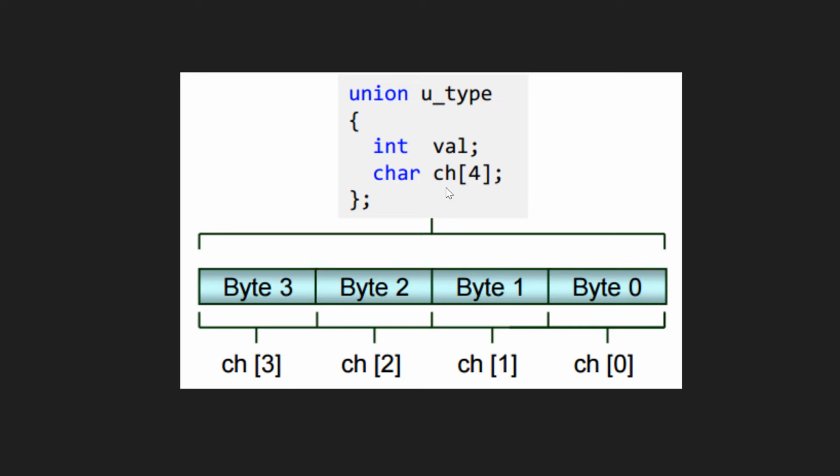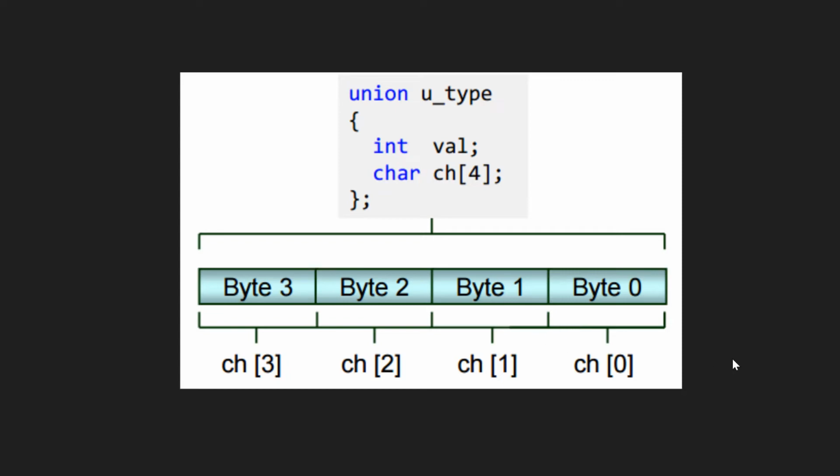We've got a char array declaration here in this diagram, where we have byte 3, byte 2, byte 1, byte 0, holding the int val declaration as well as the array declaration of the char variable.